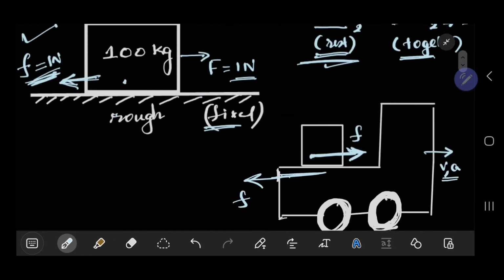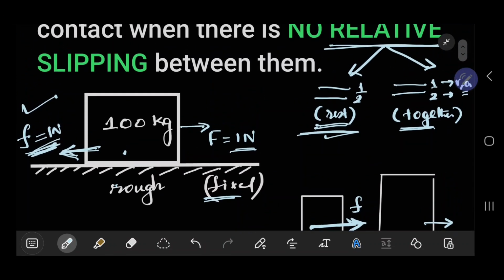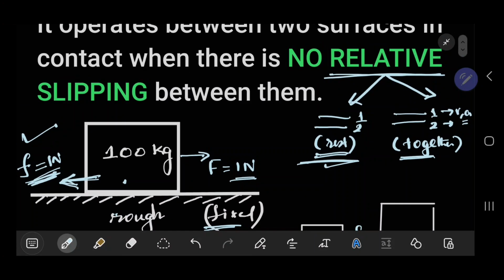So the aim of friction is not to stop motion, but the aim of static friction specifically is to stop relative motion. In order to stop relative motion, it can keep both the surfaces at rest, or it can move both the surfaces together. Any of these two will happen in order to prevent relative slipping.